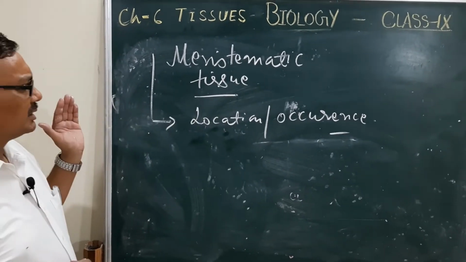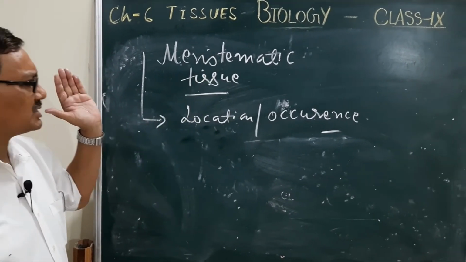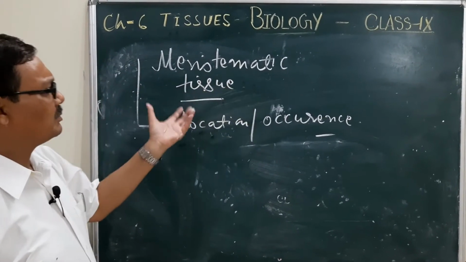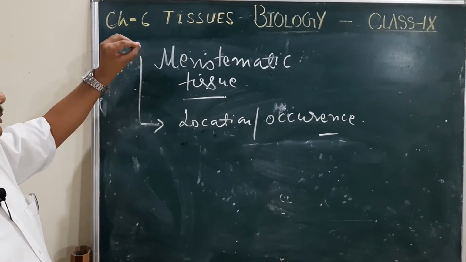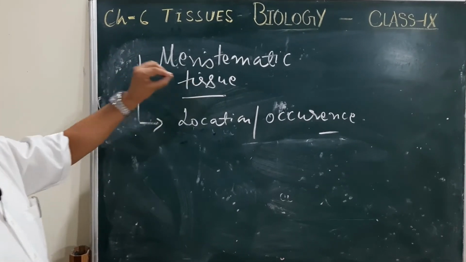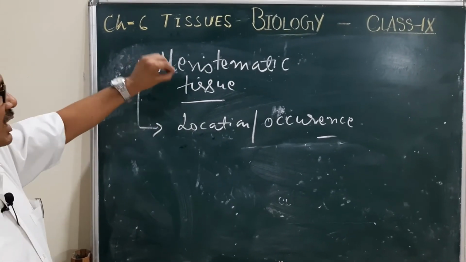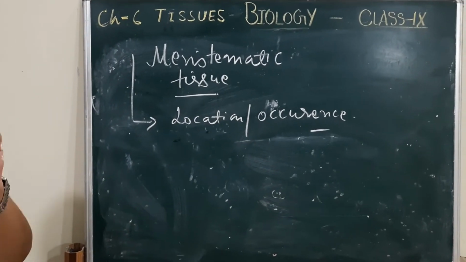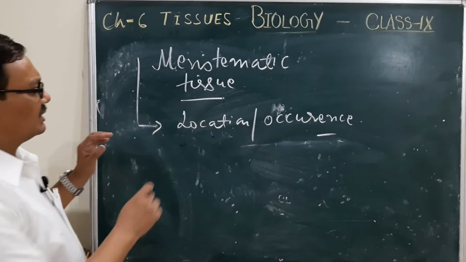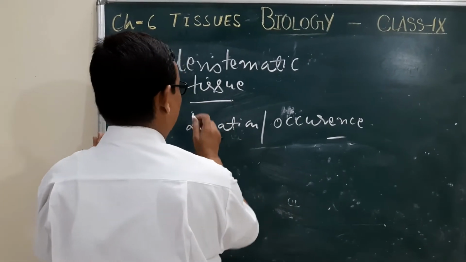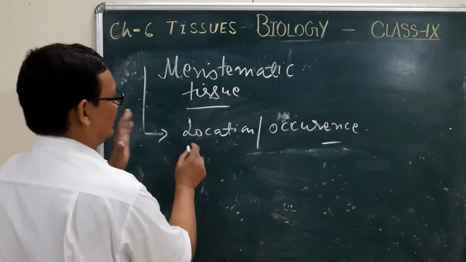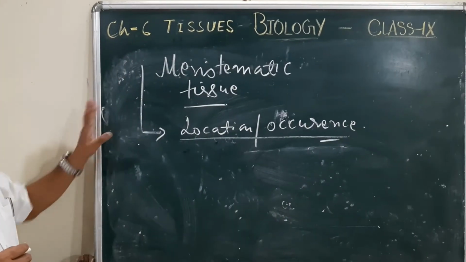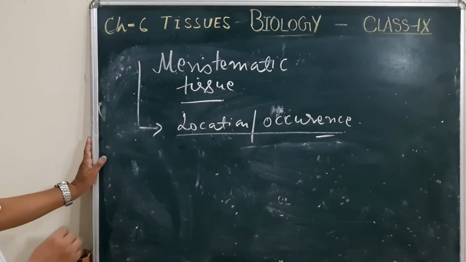When you start to write about the meristematic tissue, you tell that it is a type of tissue where the cells are always dividing. That is the basic definition, and thereafter the second important part is the location and the occurrence where this type of tissue is present.